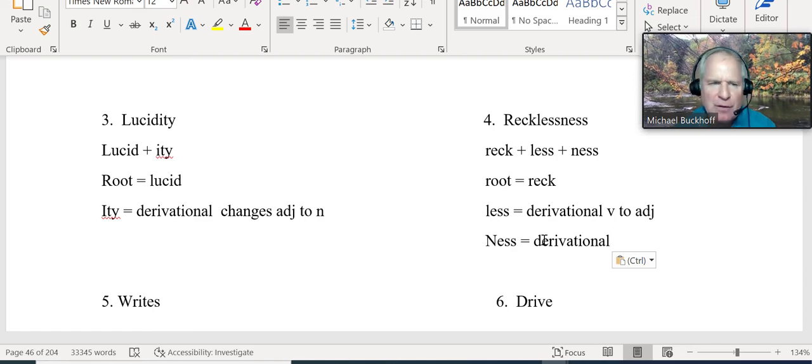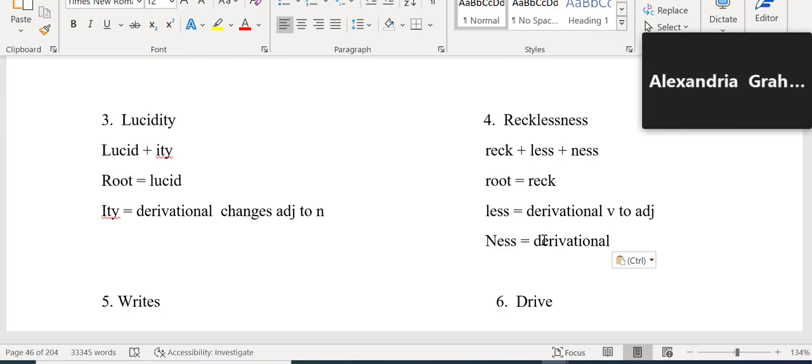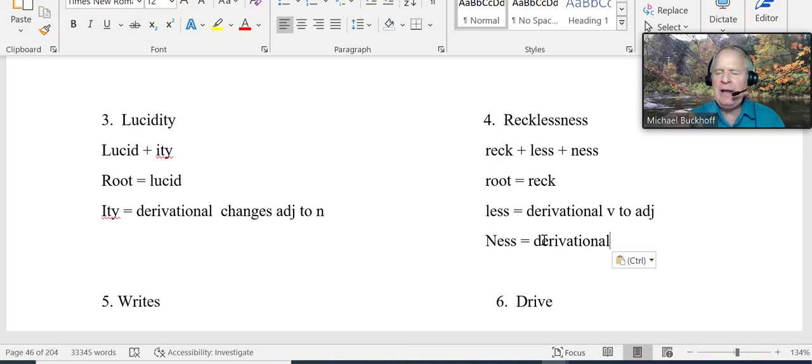Happy, happiness. Does it change it to a verb? No. Is it to a noun? Yes, into a noun. When you put NESS on something, it typically makes it a noun. So we're changing from an adjective to a noun.